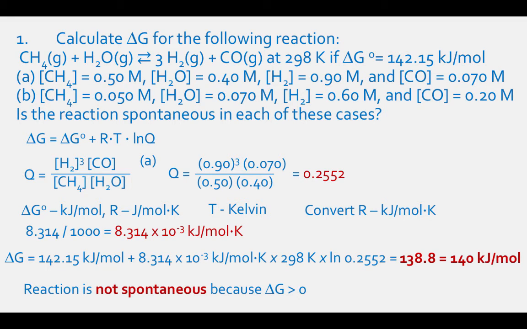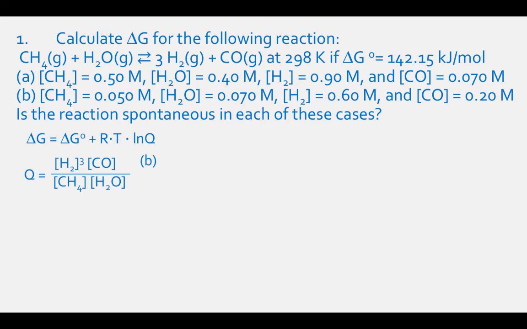For part B, calculate the Q value for this part of the question. The Q expression is again the concentration of H2 cubed times the concentration of CO divided by the concentration of CH4 times the concentration of H2O. Plug the values into the Q expression, and we have 0.60 cubed times 0.20 divided by 0.050 times 0.070, which equals 12.34.